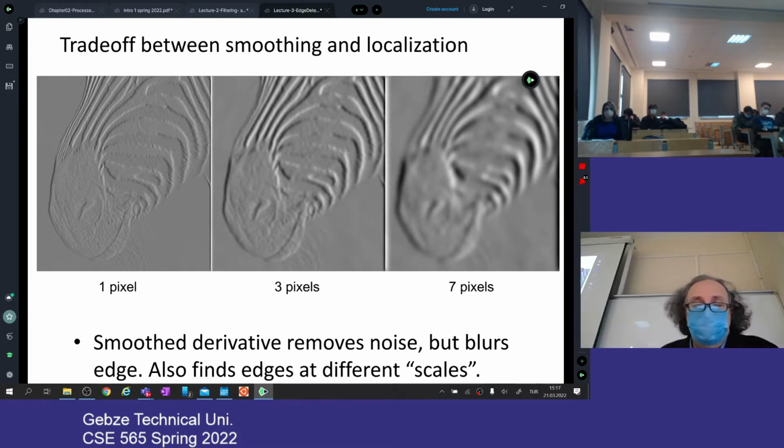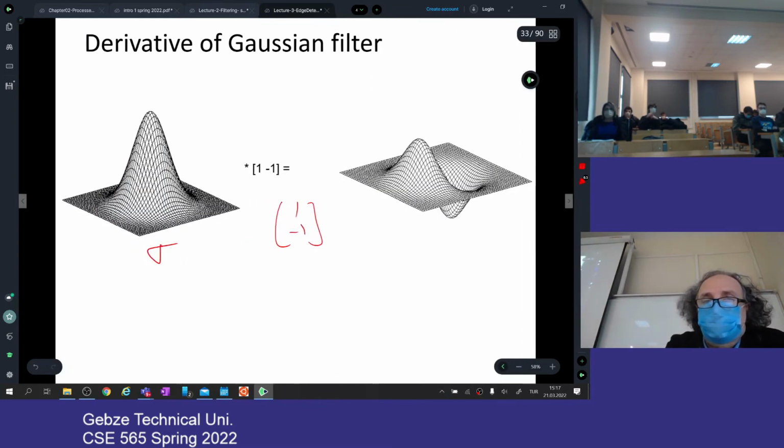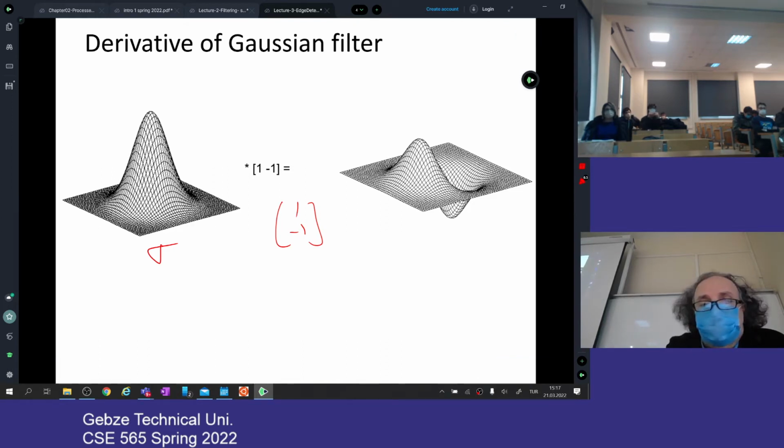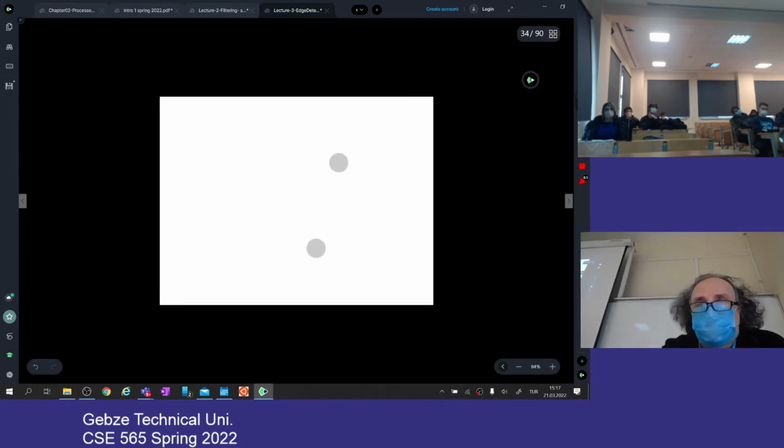Some applications will require all of that information, 1 pixel, 3 pixel, 7 pixel Gaussians applied together, and we are going to see how we can use them at the same time. Maybe not this lecture, but next lecture. So we will come back to this one in a few minutes.